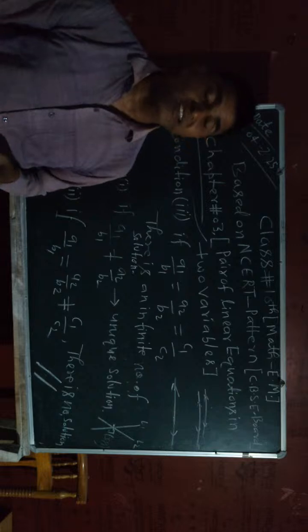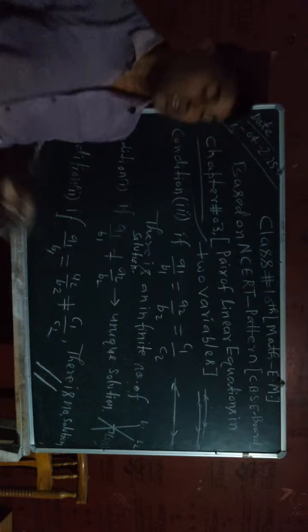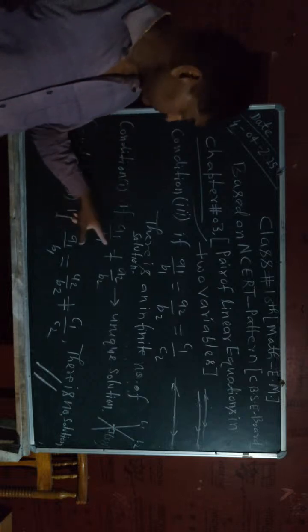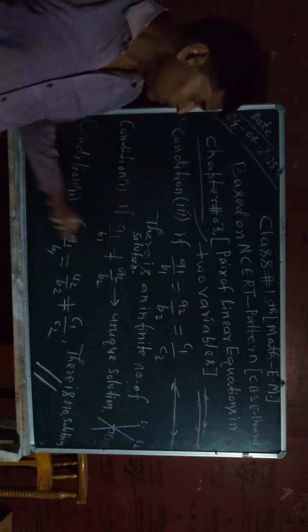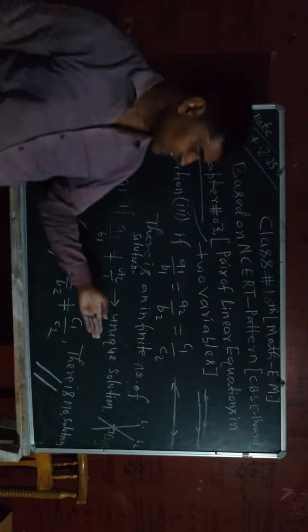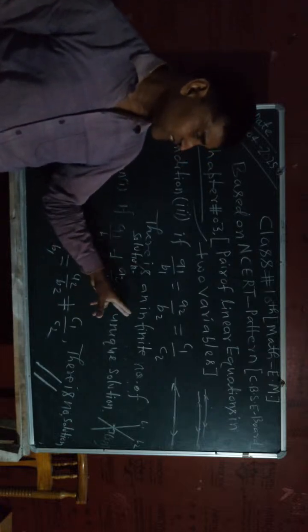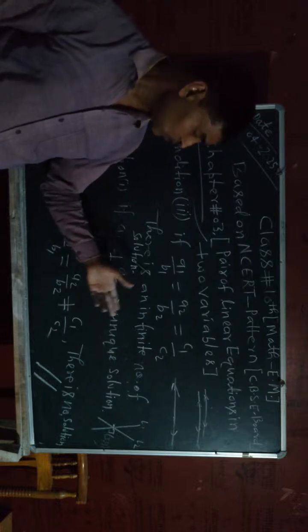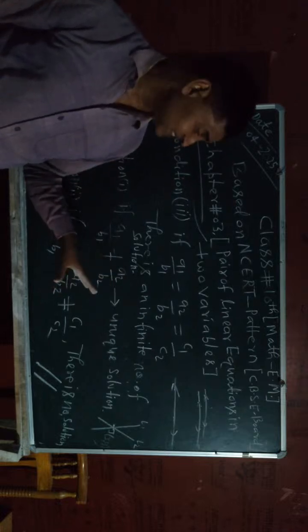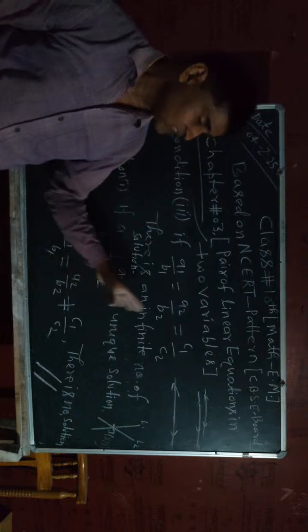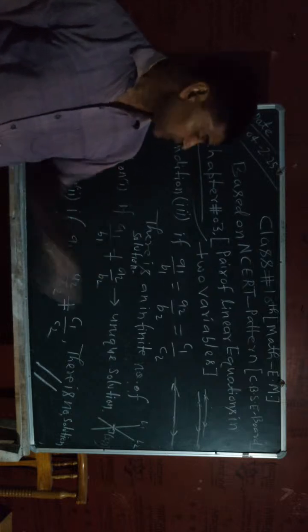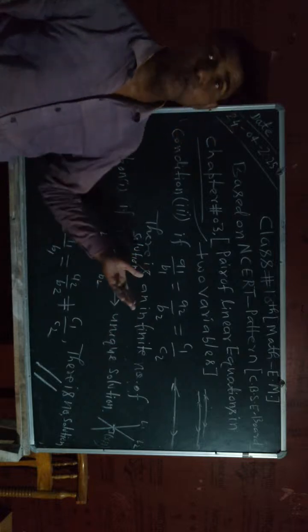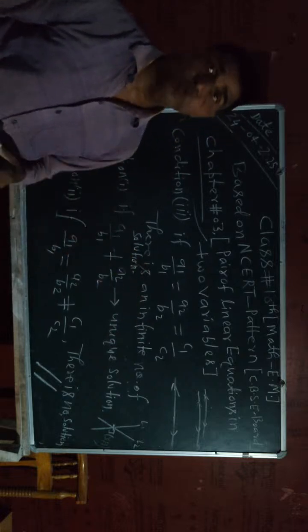You will not get any problem solving, because if you know the conditions, you will get help from the conditions. If two equations are given and both are linear equations, and the question says show that the given lines have no solution, it means that you only have to calculate the slope of the first line and the slope of the second line.